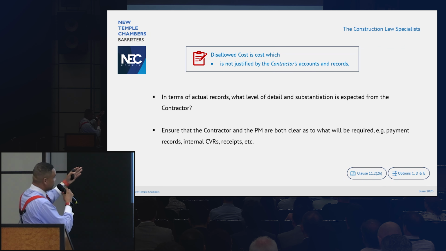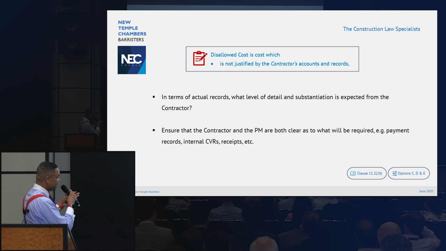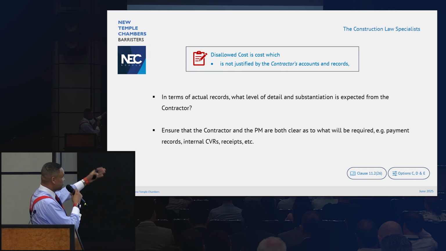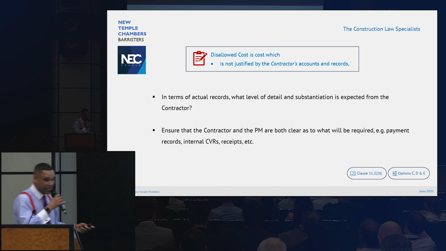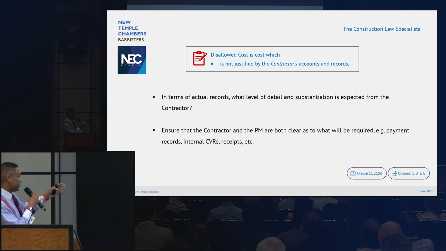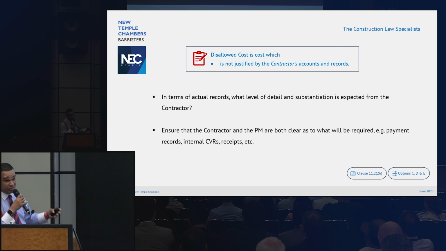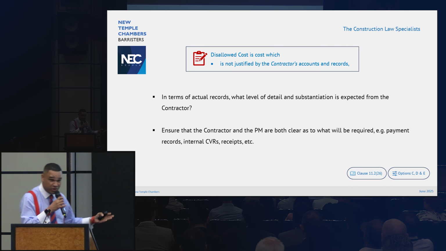Coming back to it, in terms of substantiation, what exactly are we looking at in terms of payment? Now, I've put the words internal records there, CVRs. I would argue that that's not relevant. That's something that's internal, and it's got absolutely nothing to do with the PM.